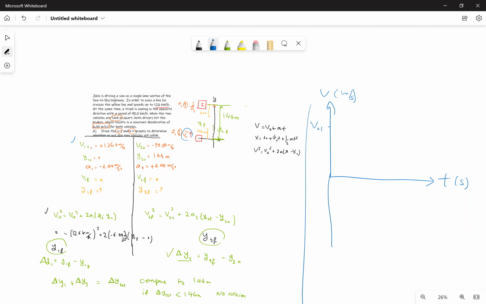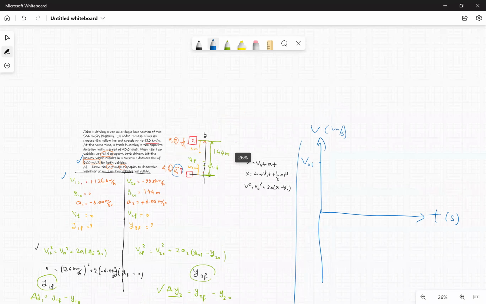Car one is going to slow down, so it decelerates, and its acceleration is constant. Let me draw the acceleration-time graph here. The question didn't ask for it, but let's draw it.